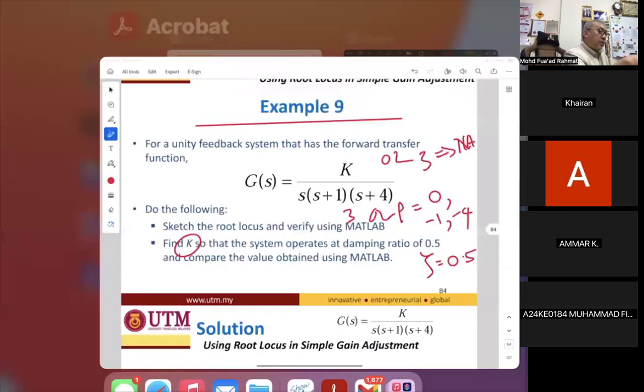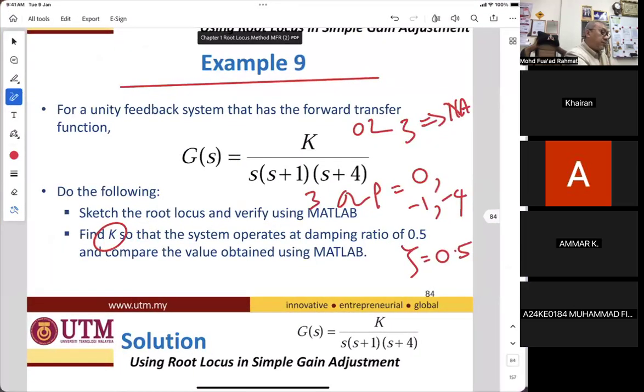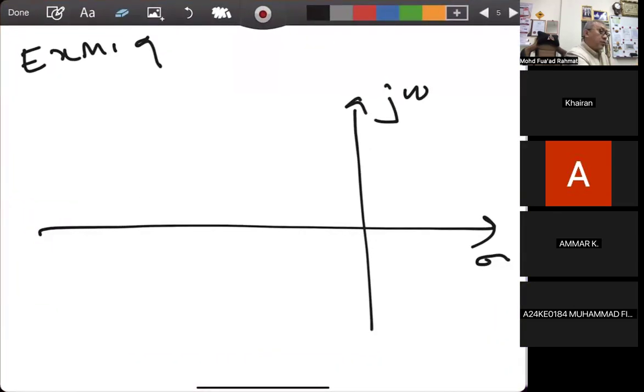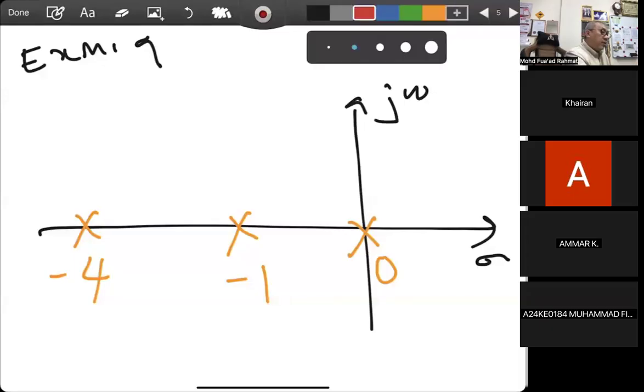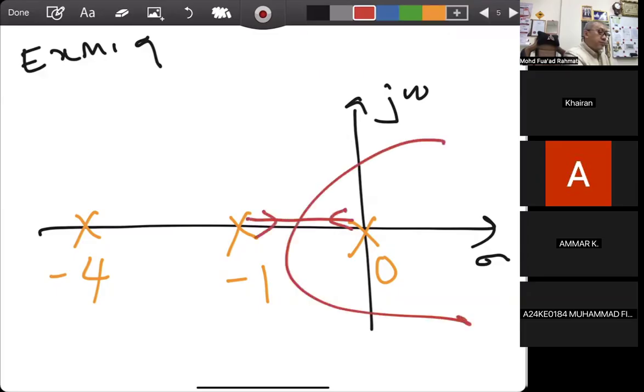And the plot is s, s plus 1, s plus 4. So open loop zero, -1, and -4. Okay, guys? Then we have the locus, which is here, ended at infinity. Then this one also ended at infinity.